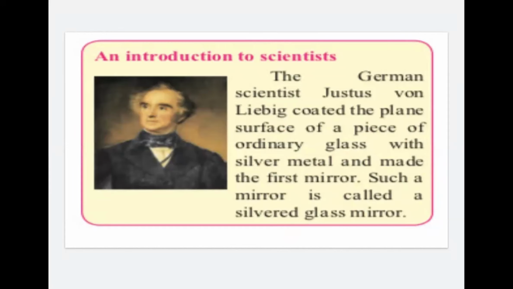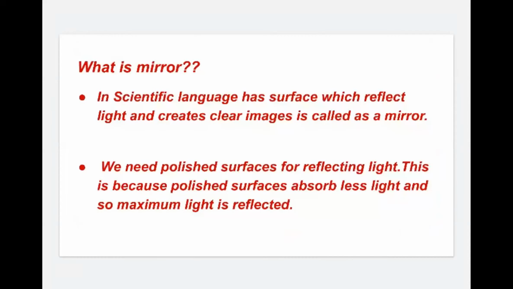So in the initial days when the mirror was invented, the mirror was made with a coating of silver. In scientific language, we say a surface which reflects light and creates a clear image is called a mirror. We need a polished surface for reflecting light. This is because a polished surface absorbs less light and so maximum light is reflected.